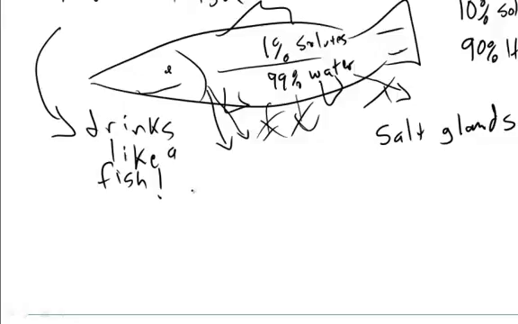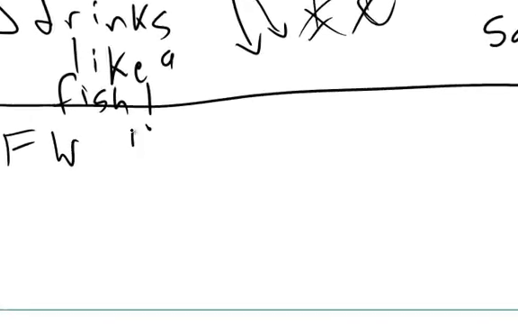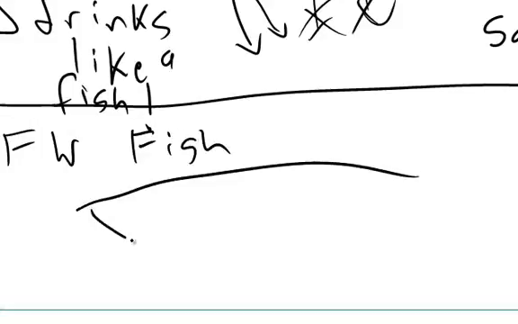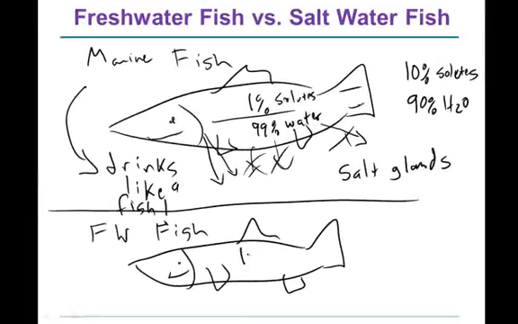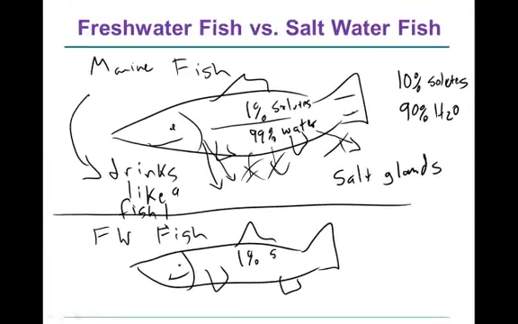Now, a freshwater fish, so I'm going to draw a line here, and I'm going to put freshwater fish. Its body is very similar to a saltwater fish. It has a solution that's about 1% solutes and 99% water. Now, the difference here is the environment.